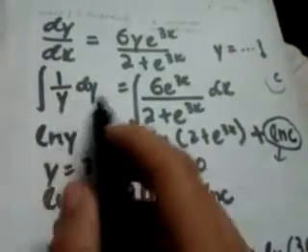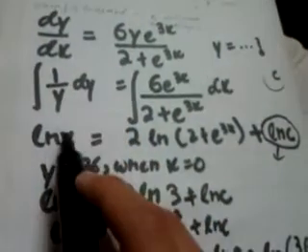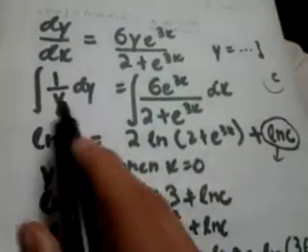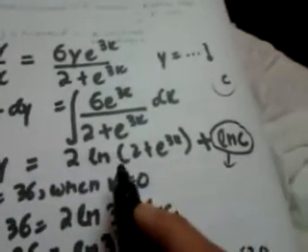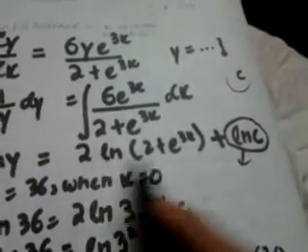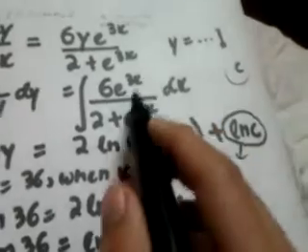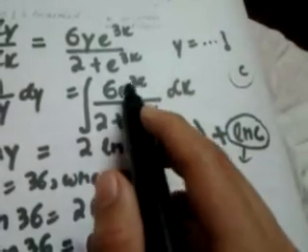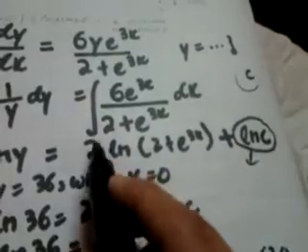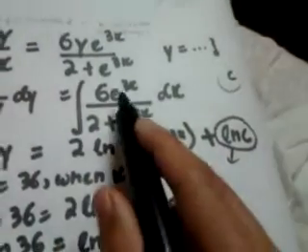Let's look here. Integrating this gives ln y, because the derivative of ln y is this, and this is in the familiar form. You can check: the derivative of this is 1 over (2 plus e to the power 3x) times 3e to the power 3x, so with the 2 it is the same.